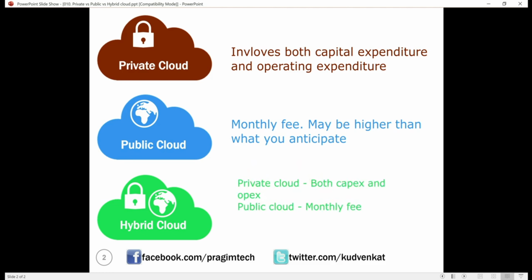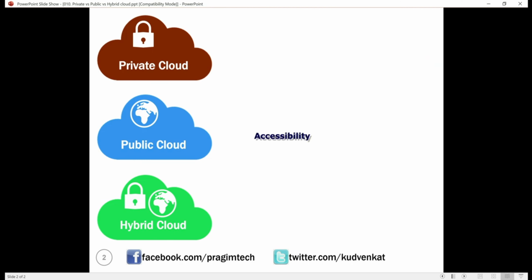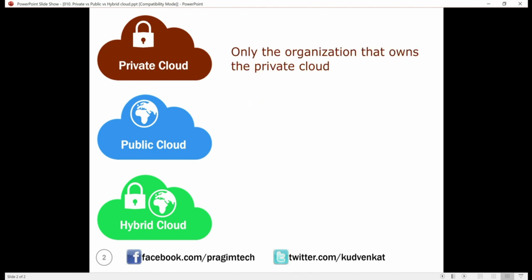With the private cloud, the organization is faced with both the initial capital expenditure as well as monthly operating expenses to maintain it. With the public cloud, you pay a monthly fee for the services and resources you use. Finally, accessibility. Only the organization that owns the private cloud can access private cloud resources and services.